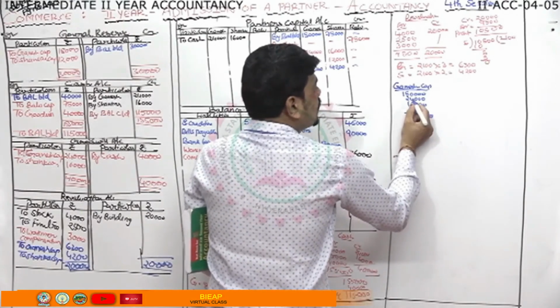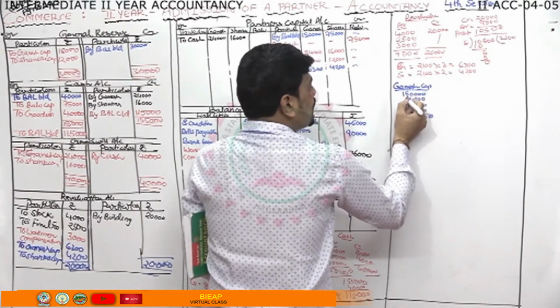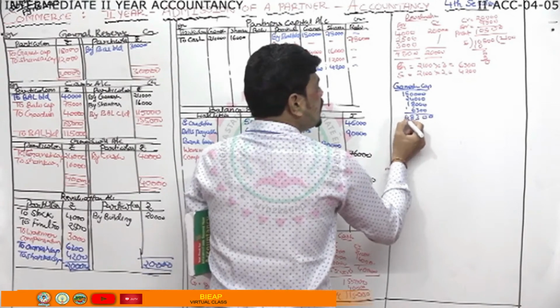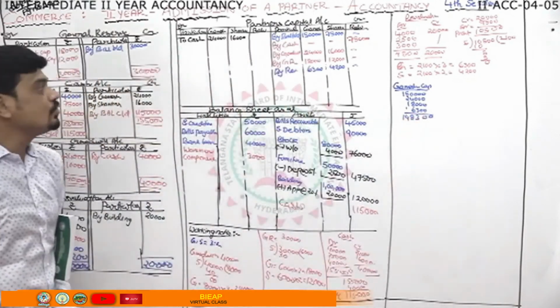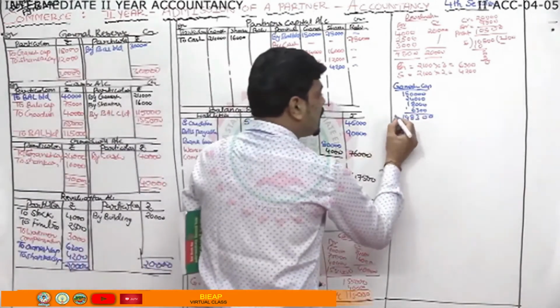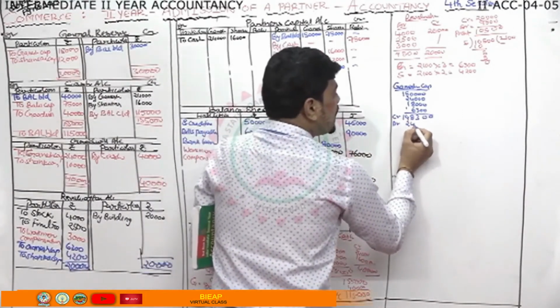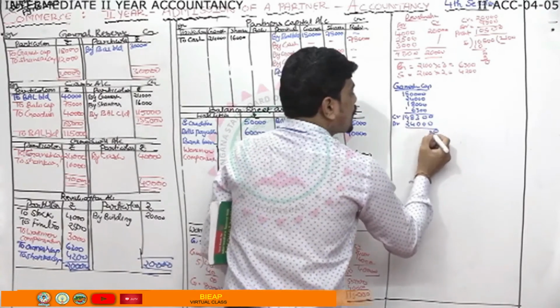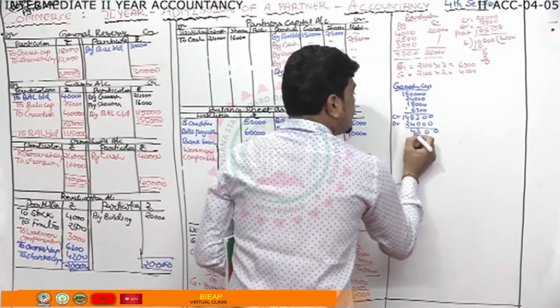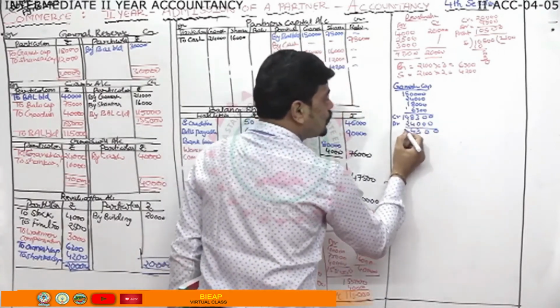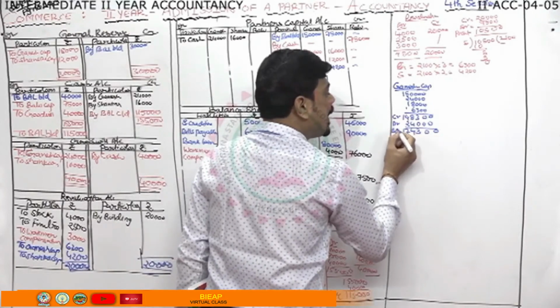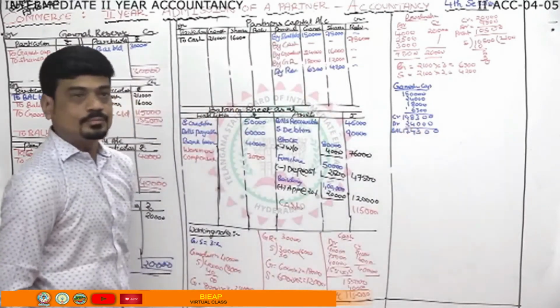The total is 1,98,300 credit. From this, I'll subtract debit 24,000. 1,98,300 minus 24,000 gives 1,74,300. This is the new balance of Ganesh.